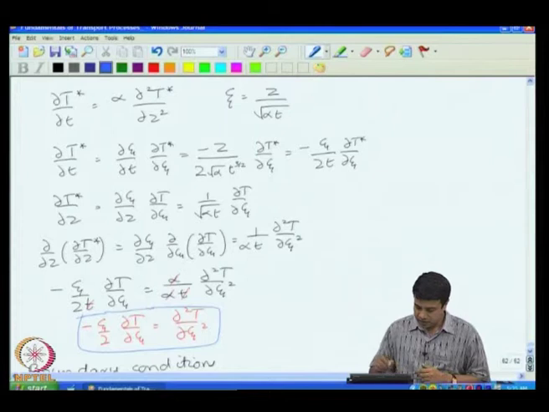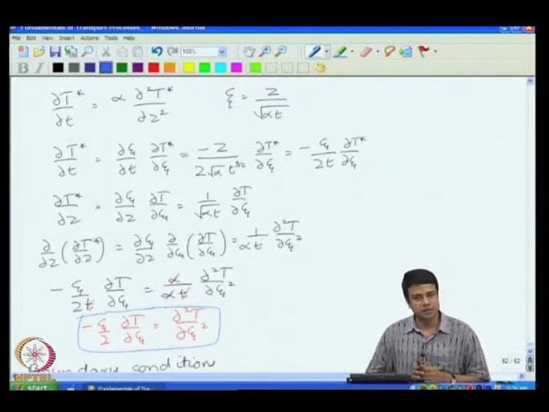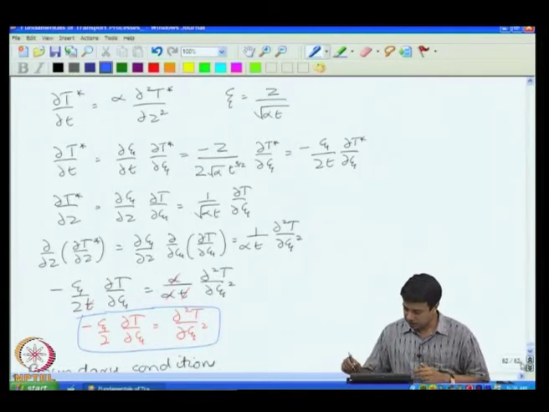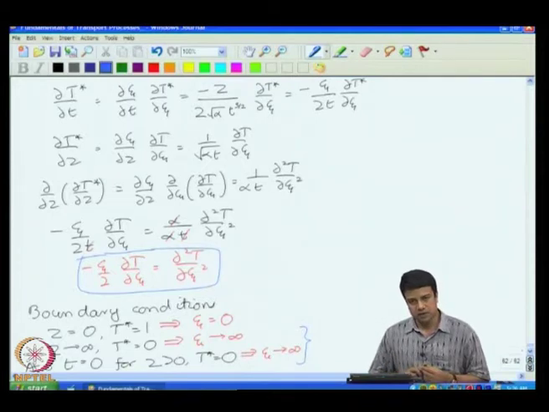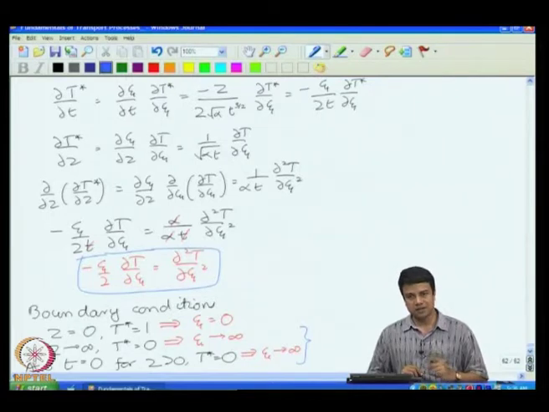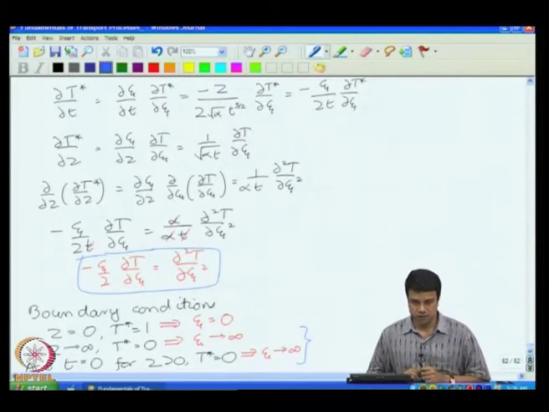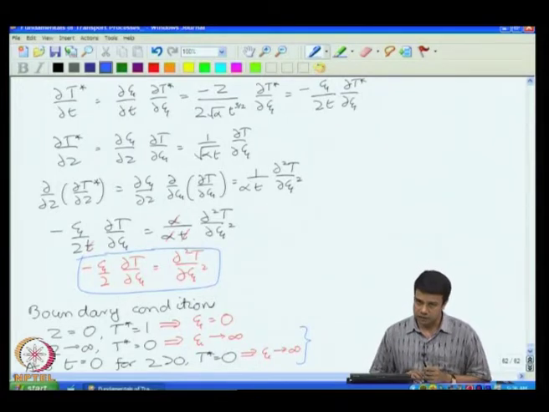Because it is a second order equation in psi, you can have only two boundary conditions for this equation. And therefore, one of the boundary conditions and one initial condition of the original problem turn out to be exactly the same when re-expressed in terms of psi, so that we get a consistent solution. The other thing that I have done here is to convert a partial differential equation with variations in time as well as z into an ordinary differential equation.